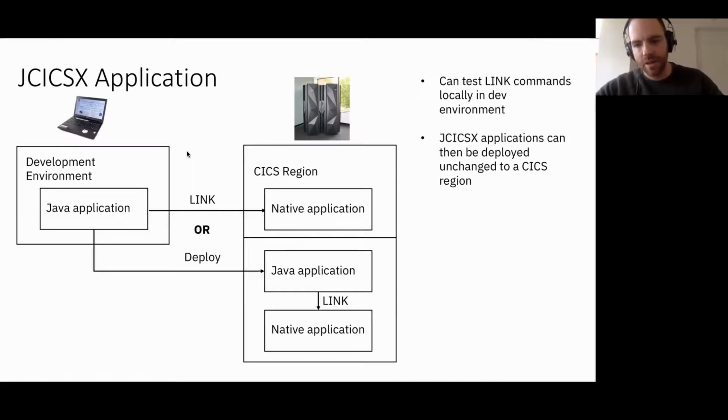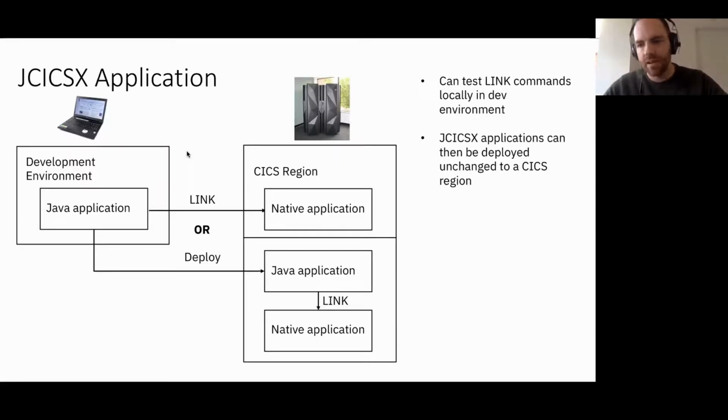So you can set that application up so that when you run your application, when it tries to link to a CICS program, you configure your environment to tell it which CICS region you'd like to back that link. So you point it at a remote CICS region, which has the program you're trying to link to in it.